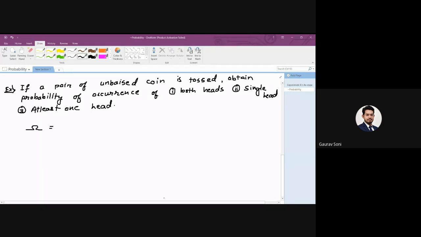Yes, let's go one by one. First, the sample space. Yes, Saurav, what is the sample space?